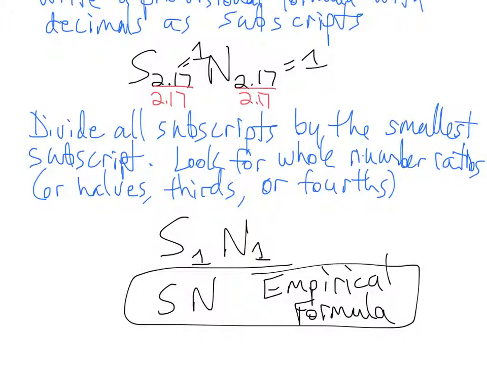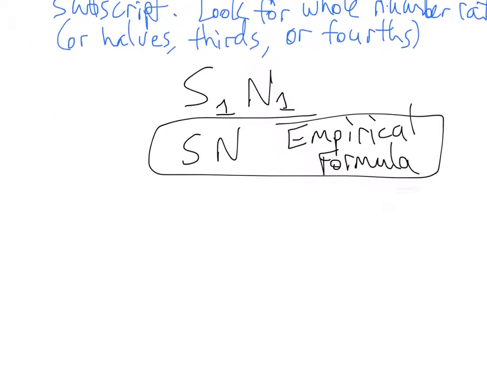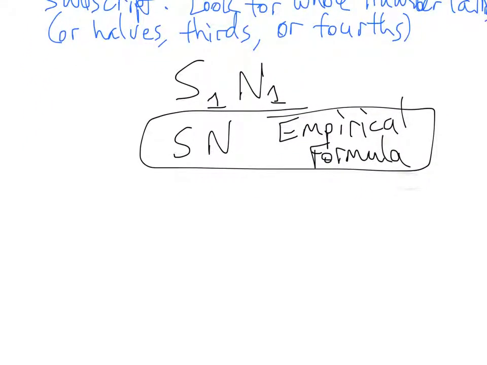And that's very helpful. But the other piece of this problem is that they give you the molar mass and they say, okay, find the molecular formula. Well, this is just like an earlier question in this WebAssign. What we'll do is find the empirical formula mass.